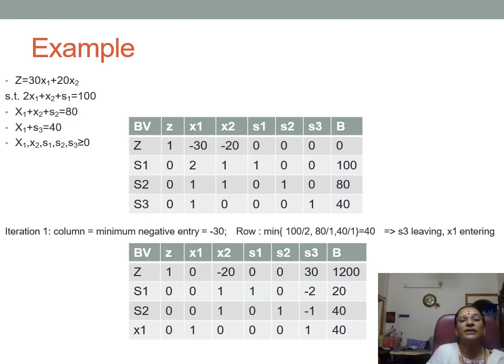Z has 0, x1 equals 2, x2 equals 1, s1 equals 1, and v1 equals 100. x1 1, x2 1, s2 1, v2 equals 80. s3 1, x1 and x2 zeros, s3 is 1, v3 equals 40. Using these equations, we implement the problems. For the time being, we go to the next one.